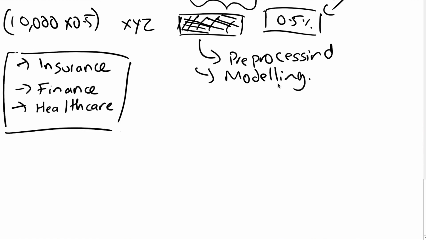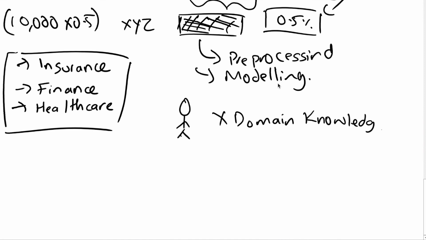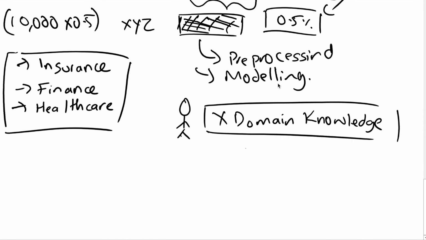If you are someone who does not have the domain knowledge, so let's consider this as yourself, and if you don't have any domain knowledge, then there are various ways to acquire that knowledge.